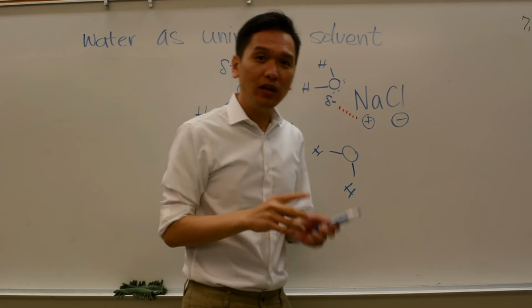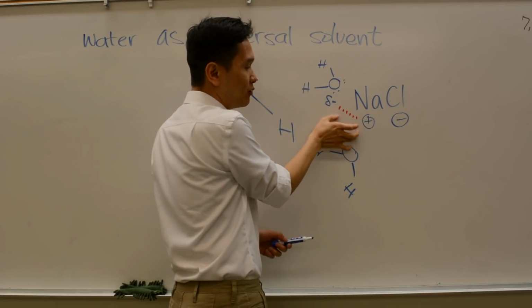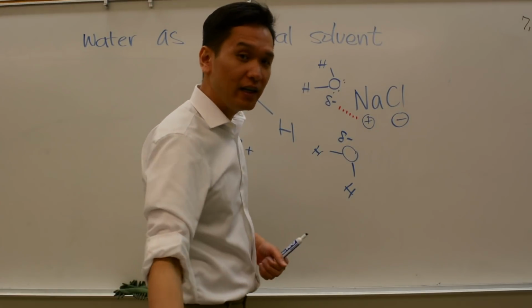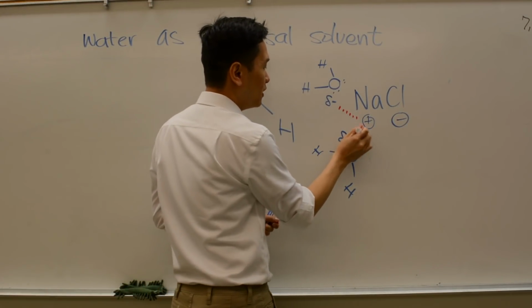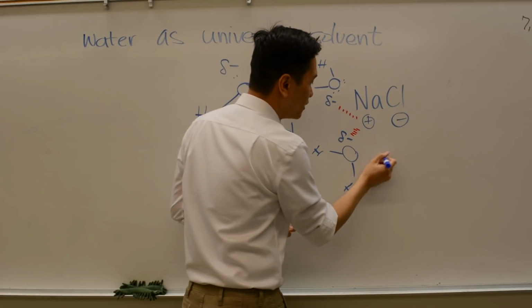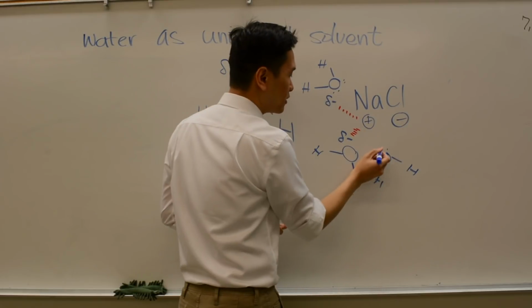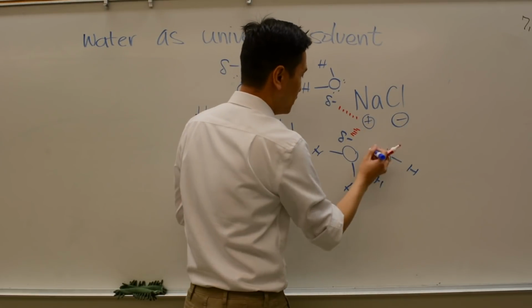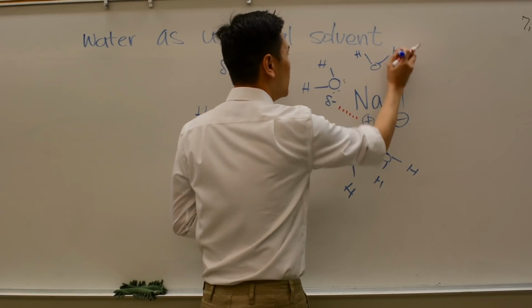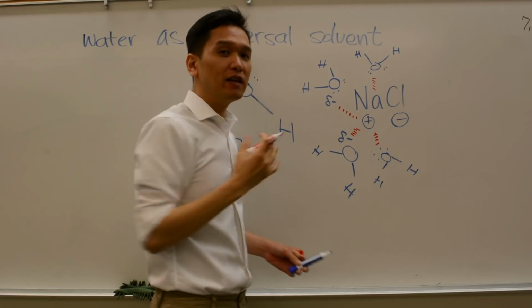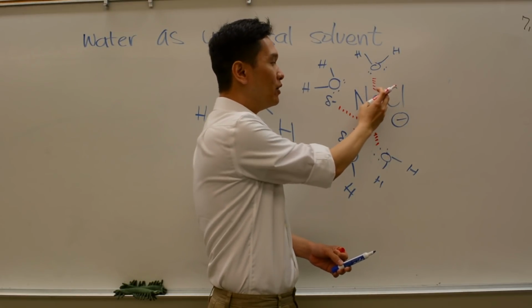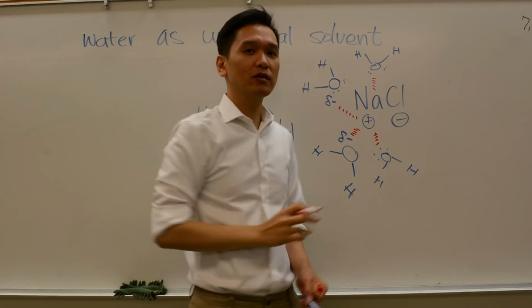Because water is small enough, it can fit into right here to start to, again, interact with this cation and try to attract it. You can add more, right? So, again, because they're small, they will try to interact. You can have it up here, right? So there's a lot of attraction now, so much they gang up on this sodium guy so that it pulls and attracts it away from the chlorine.